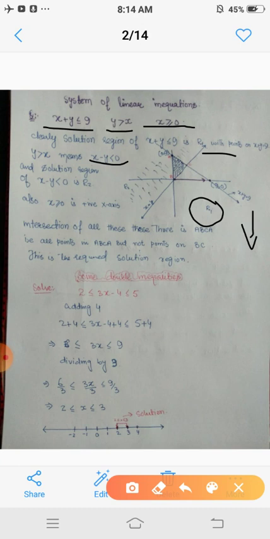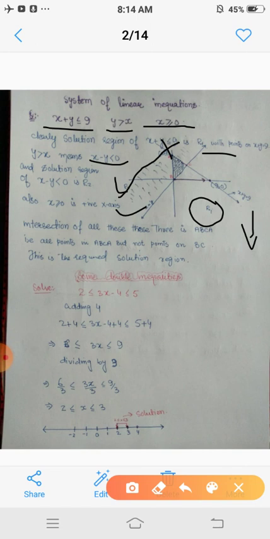Now clearly the points on this side are the solutions of this inequality, because x minus y is less than 0, but not the points on this line x equals y, because here we have a strict inequality. So here it is the region R2, which is the solution region of y greater than x.